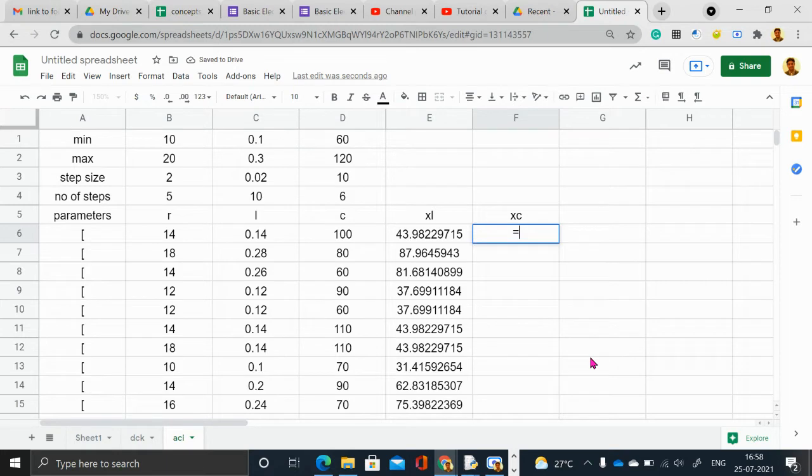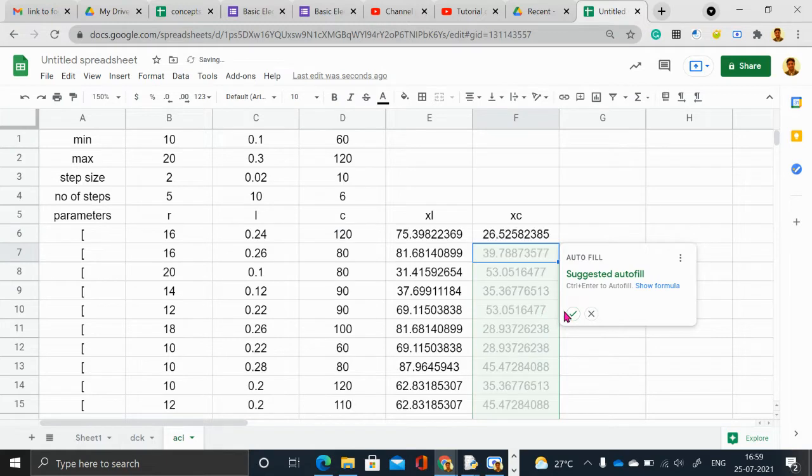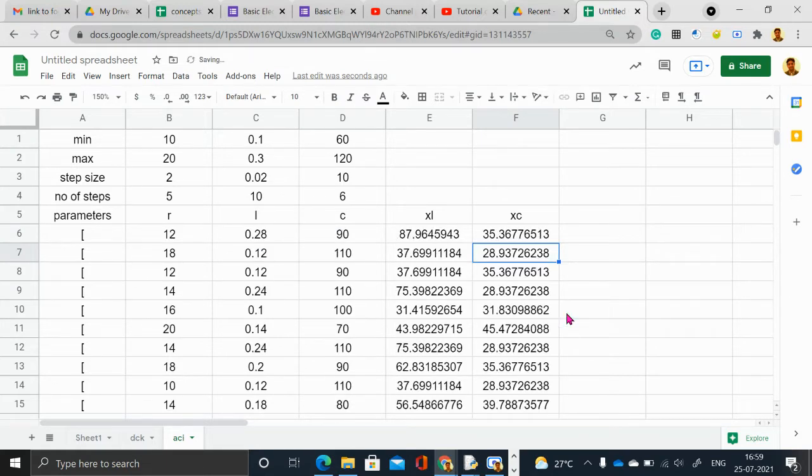That is 1 divided by 2 into pi into f into C. But the C is in microfarads, so I have to multiply by 1e minus 6 to convert the microfarads to farads. Using this formula, I am calculating the capacitive reactance.